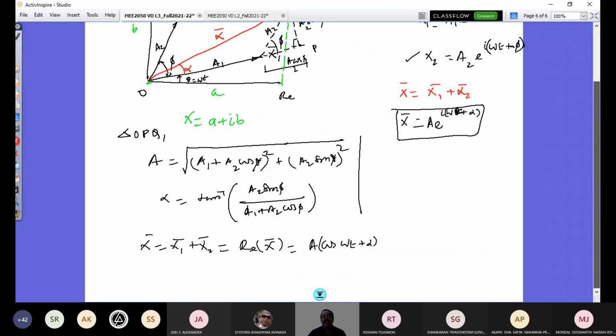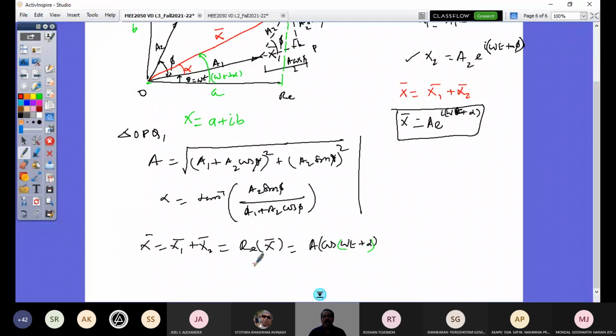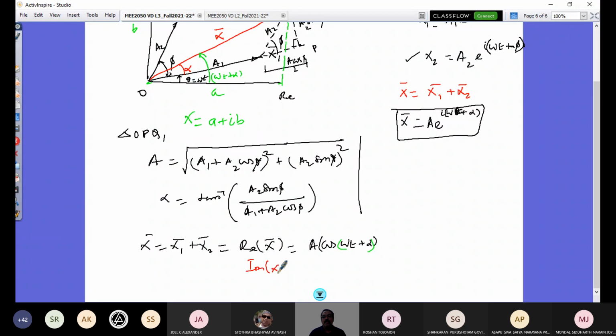So A is the real part of this vector and B is the imaginary part of this vector. The real part of this vector would be A, the amplitude you have found, and that is inclined from the horizontal by omega t plus alpha. That's why you have cos of omega t plus alpha. And I can also write it in this way, the imaginary part of x bar, which is going to be A sine omega t plus alpha.